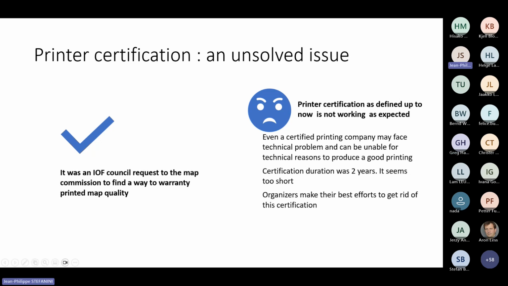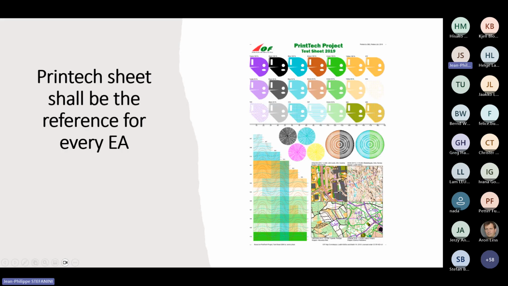Our clear position is the fact that the only reference shall be the printed sheet. We have printed 10,000 printed sheets. IOF has sent 100 of them to each federation.